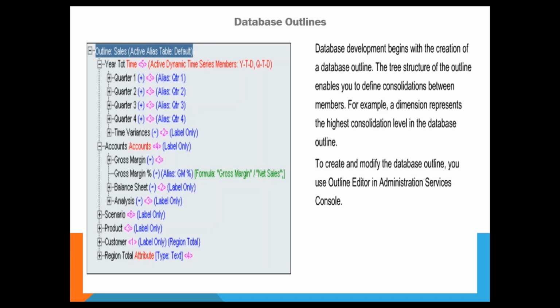That's why you see product and customer towards the bottom. Now, scenario is also a sparse. However, it has only few members in there. That's why it's on the top. Product will have millions of products. Customers will have millions and trillions of customers. Right. Makes sense?